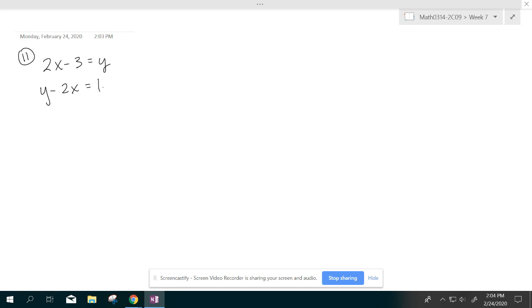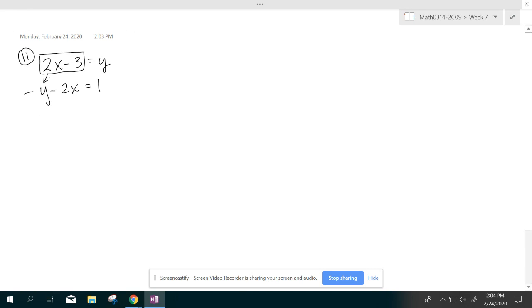Solve using substitution. Does one of those equations have a letter by itself? Okay, so that means I'm going to be able to substitute for y. Since I know what y is equal to, I can replace y with 2x minus 3.